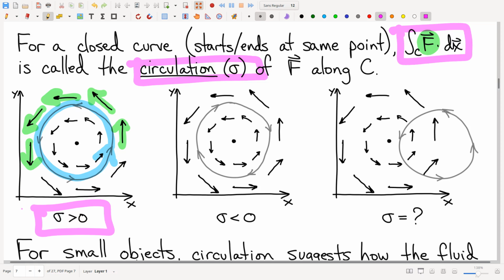If I were to look just at the tangent vector, forget about where I am on the curve, the tangent vector literally goes around in a circle. It starts pointing up, it points in all the directions, and it ends pointing up.